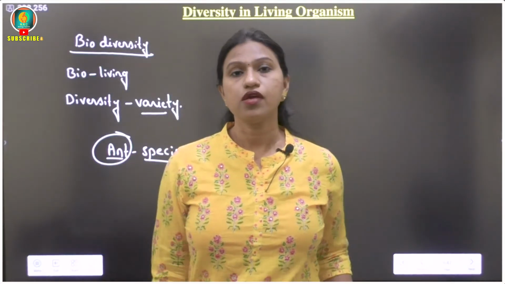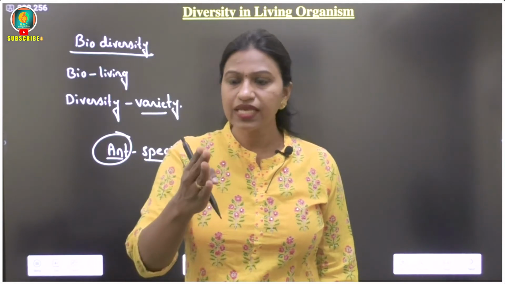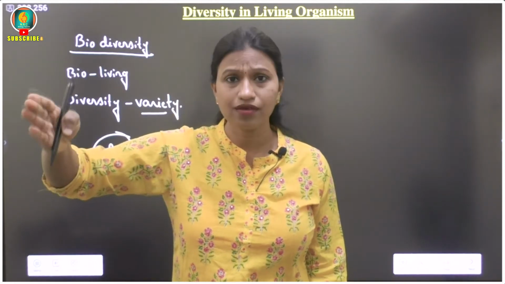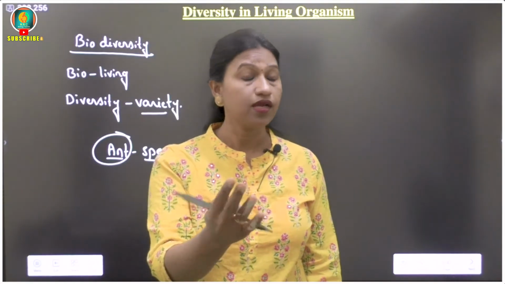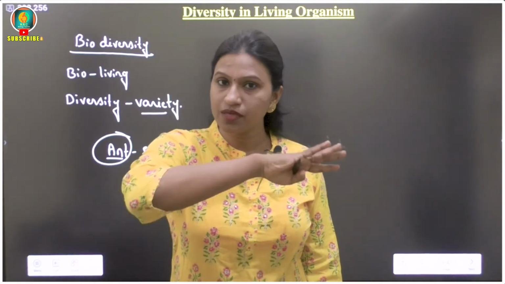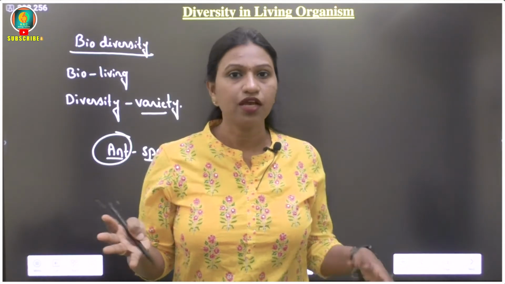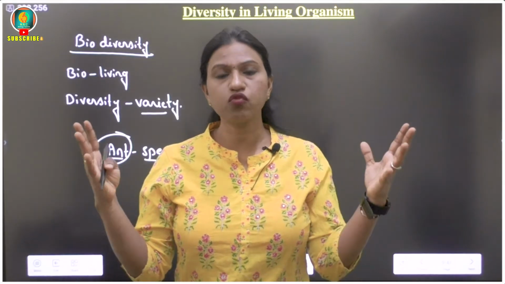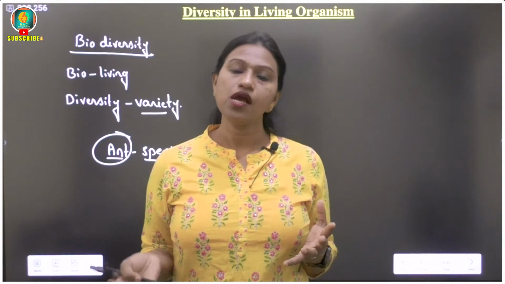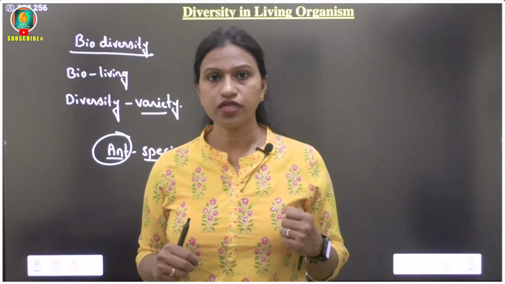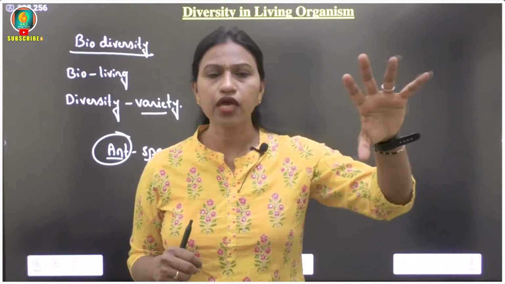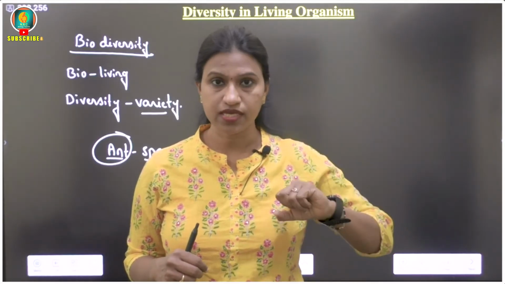Are you getting? If I keep counting the number of species present in our surrounding, we will get exhausted, we become saturated, but we can't count because that much wide variety of organisms are there. But still, many ecologists put a lot of effort in order to find out how many organisms are there, how many species are there.